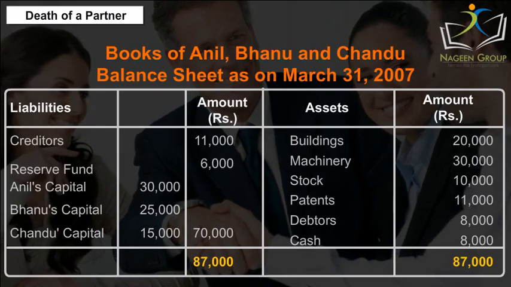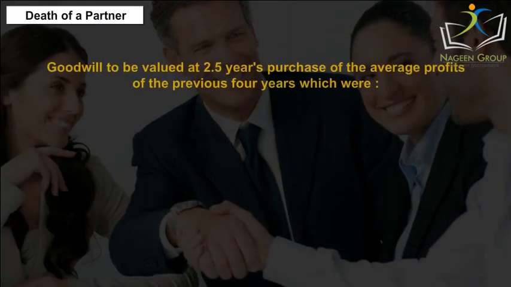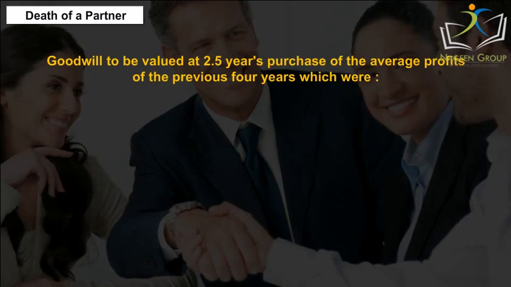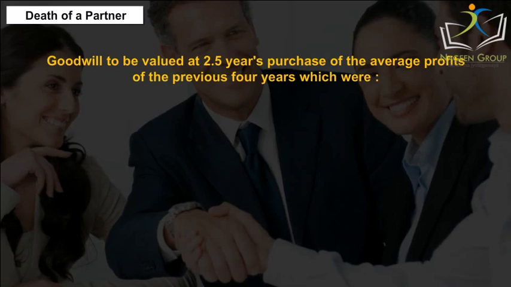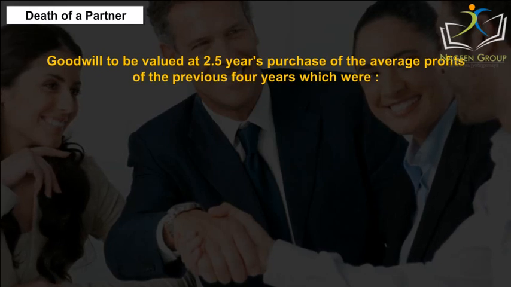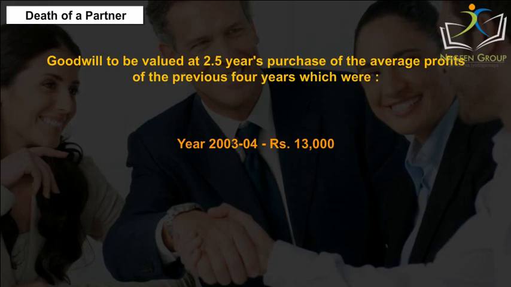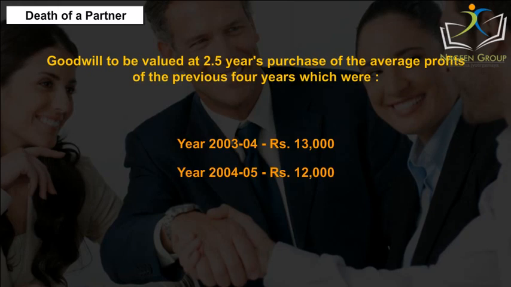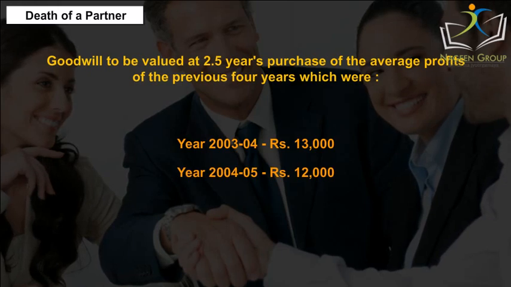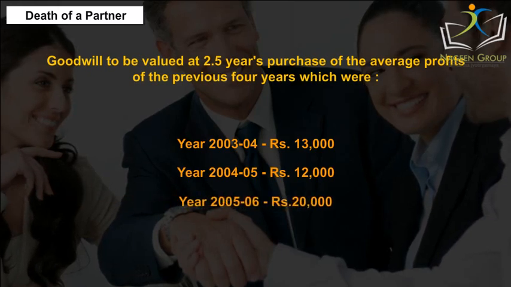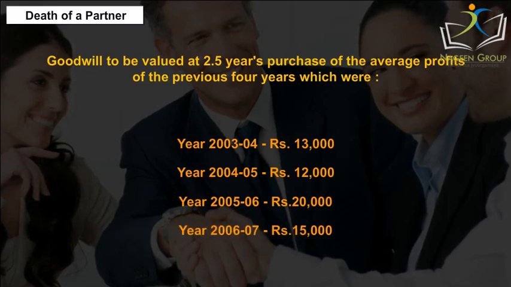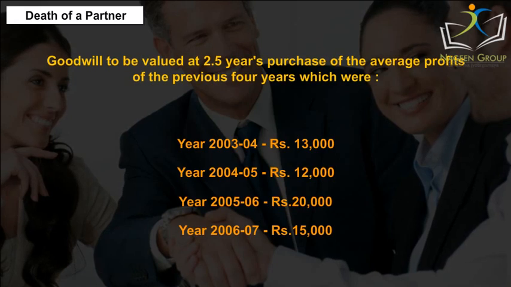It was agreed between his executors and the remaining partners that: A. Goodwill to be valued at 2.5 years purchase of the average profits of the previous 4 years, which were year 2003-2004, Rs 13,000, year 2004-2005, Rs 12,000, year 2005-2006, Rs 20,000, year 2006-2007, Rs 15,000.